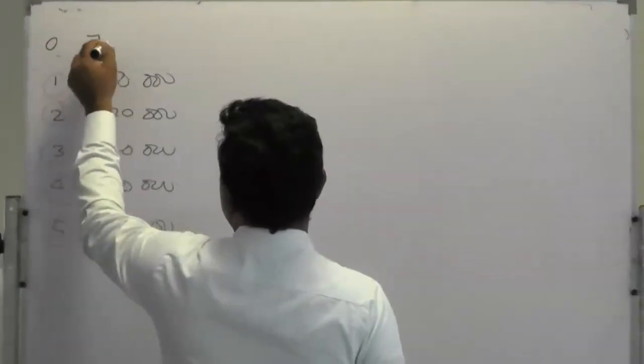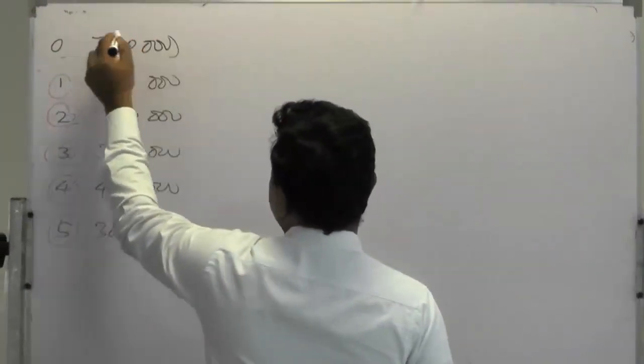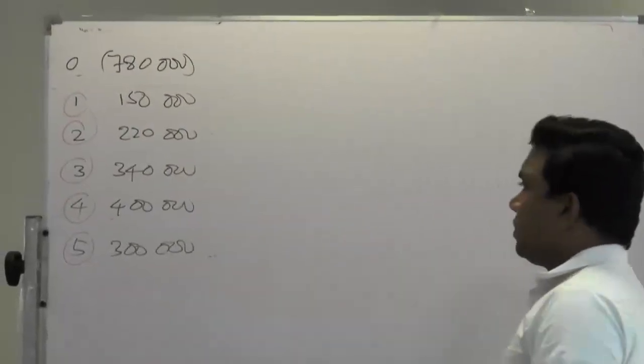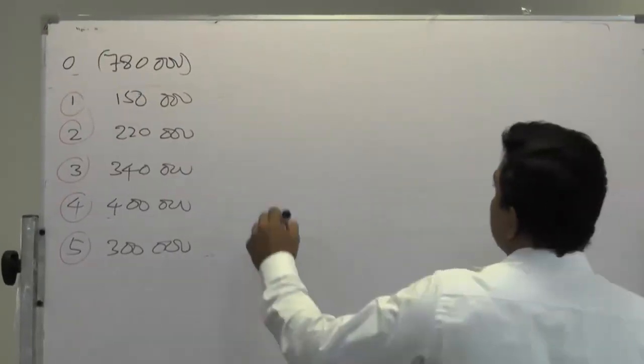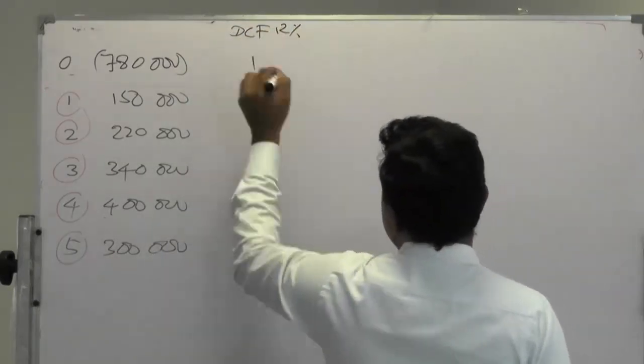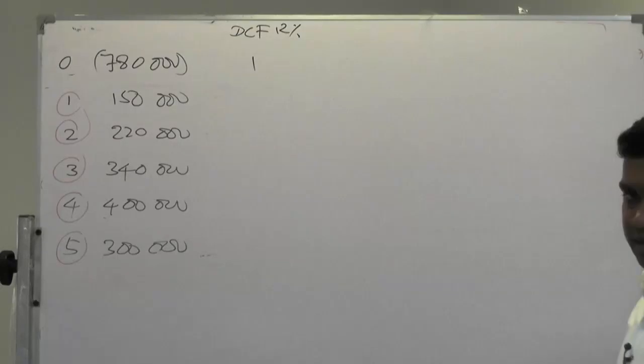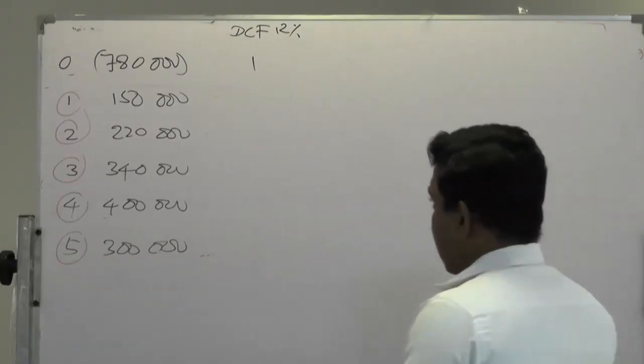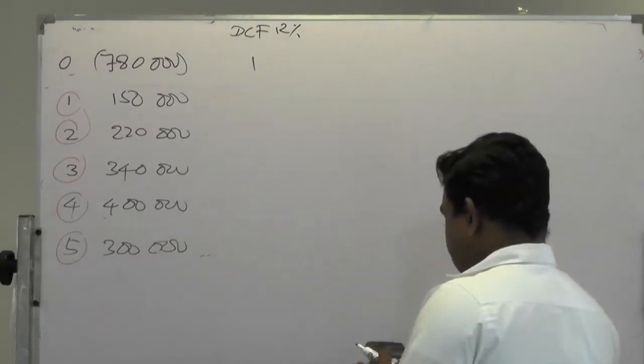Therefore, don't worry. Therefore, find out the net present value at the discounting factor of 12%. Since it is year 0, it is 1, right? I have to take it again. I will quickly take it.